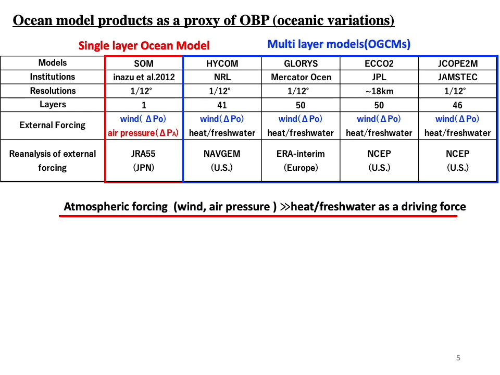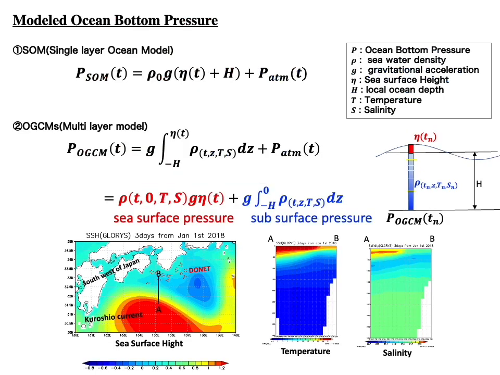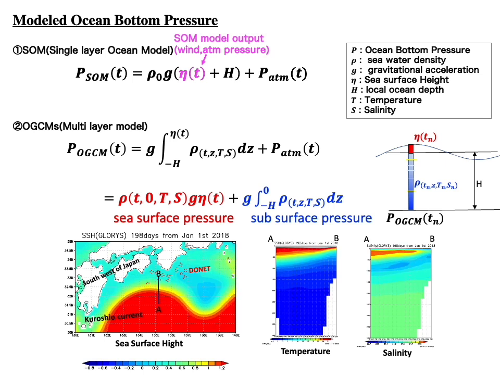Here, a single-layer ocean model considers atmospheric pressure loading. Even though I know OGCMs can consider atmospheric pressure as an external forcing in their formulations, the data isn't open to users. Here, I show the equation calculating ocean bottom pressure. The OBP is shown as an integrated water pressure from sea bottom to sea surface, including atmospheric pressure loading. In the single-layer ocean model, first, the model provides sea surface height eta, induced by wind drag force and atmospheric pressure loading at each horizontal grid.